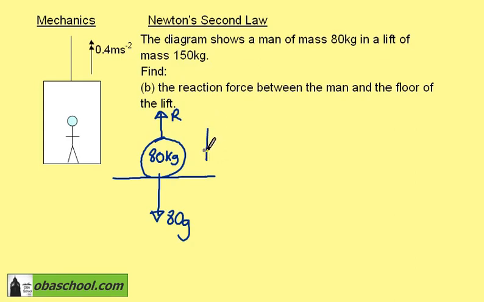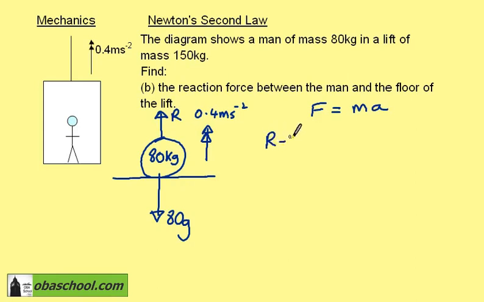We know that the man, since he's in the lift, is accelerating upwards at 0.4 meters per second squared. We can now apply F equals ma. The resultant force on the man is the R upwards take away his weight downwards.